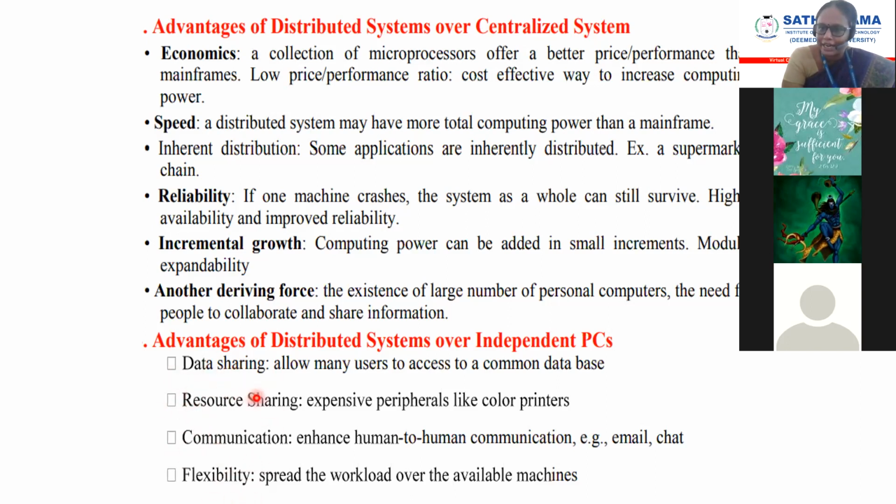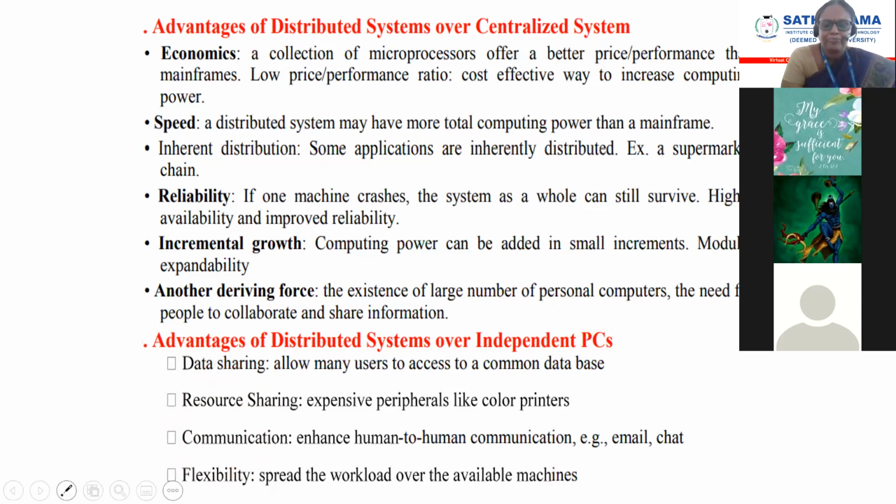Data I can share, and resources also can be shared. If so many systems are connected, there will be one single printer, and through that I can activate my printer also. Communication has become very easy, through mail and so on we can communicate with so many people.